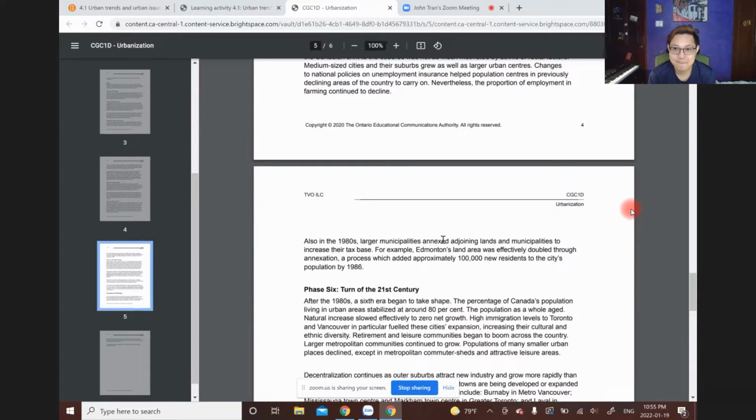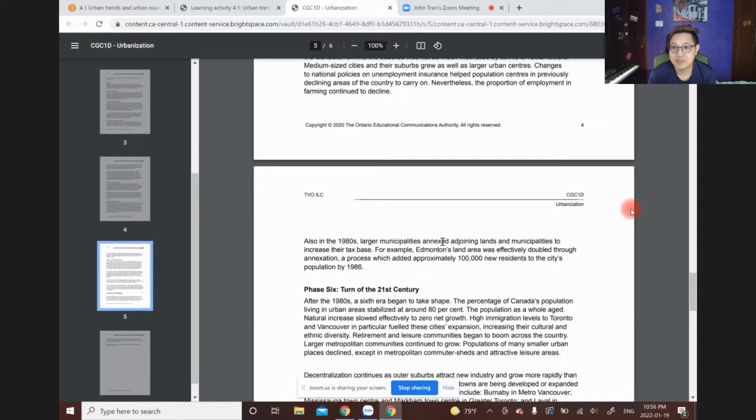Do you know what annexation is? Annexation means you actually admit a region not belonging to your country before. Now they become part of your country. That's annexation.